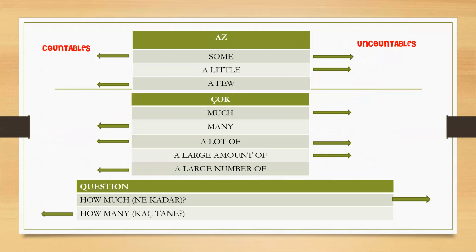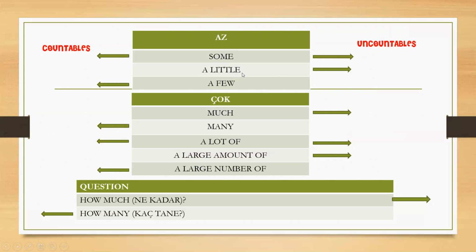On the left we have the countables. On the right we have the uncountables. For the concept of az, we have three ways of saying. We have already learned about some potatoes, some sugar. Then we have a little, az, birazcık. We can only use that for uncountables.